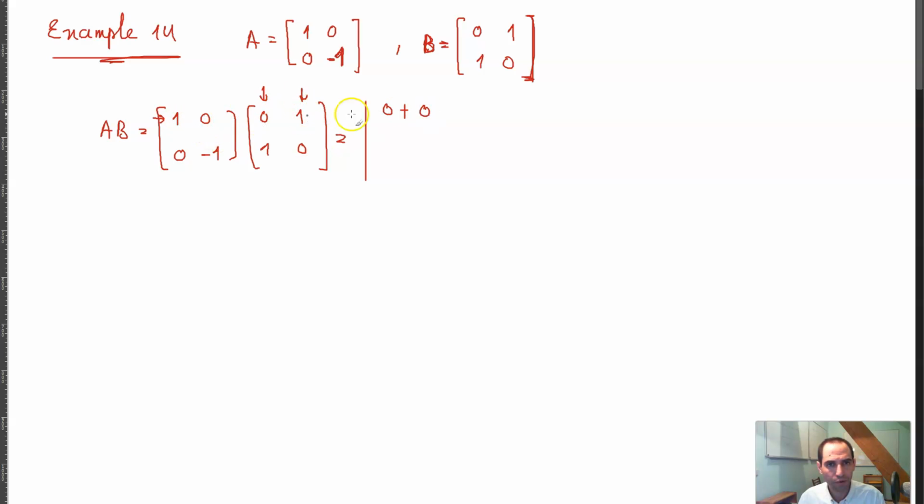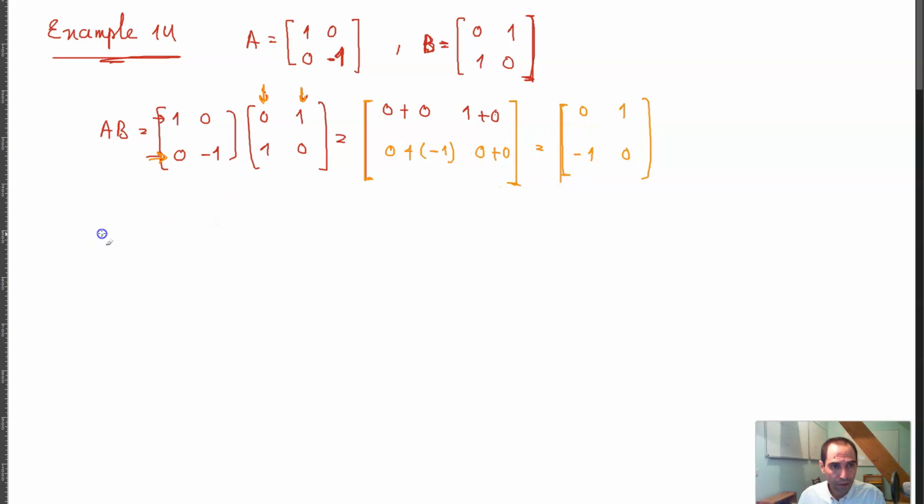Then this column would be 1 times 1 is equal to 1, 0 times 0 is equal to 0, and this row, this column, another color, and so 0 times 0 is equal to 0, and negative 1 times 1 is negative 1, and there you have a 0. So that is your matrix, which is the same thing as 0, 1, -1, 0. So that is A times B.